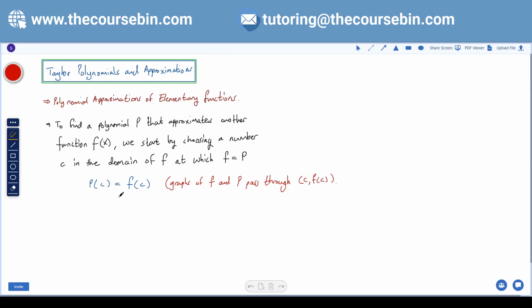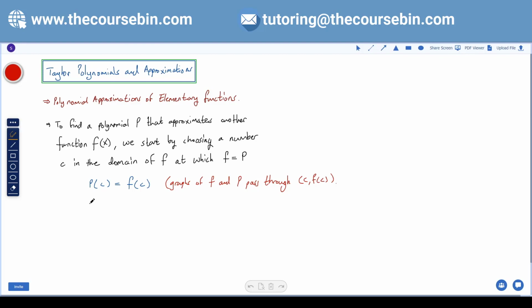Okay, so when we make this kind of choice, we're saying we're approximating our function f with the polynomial p, and the polynomial p is said to be expanded about c.